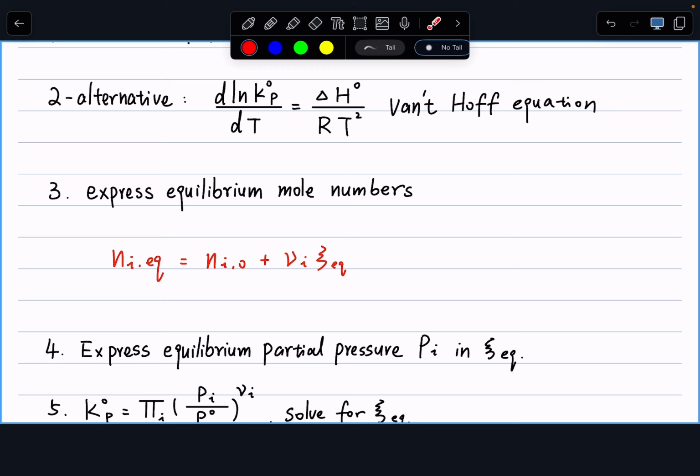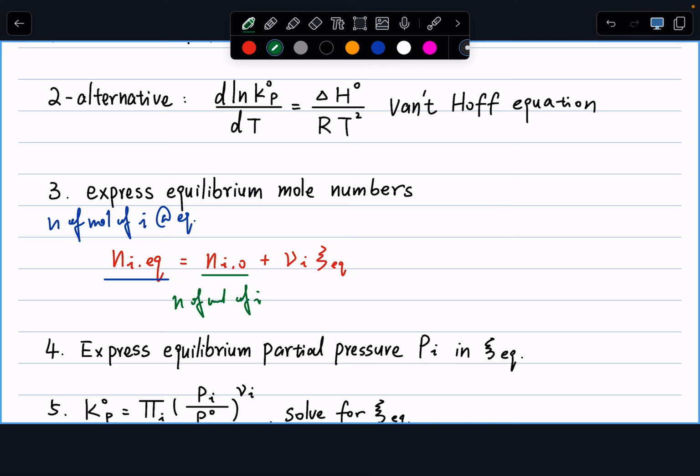This is, again, one of those equations you want to know what it means. The first one is the number of moles of i at equilibrium. The second one is the number of moles of i initially. And this one is my stoichiometric coefficient times the extent of reaction, or change.